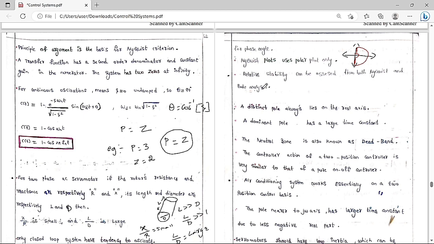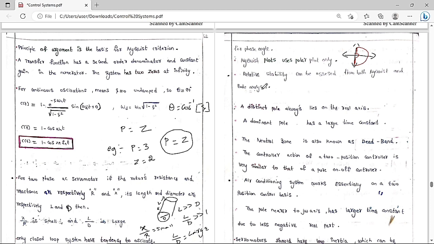It has a very small time constant, so within a small amount of time it is going to decay its transient response.